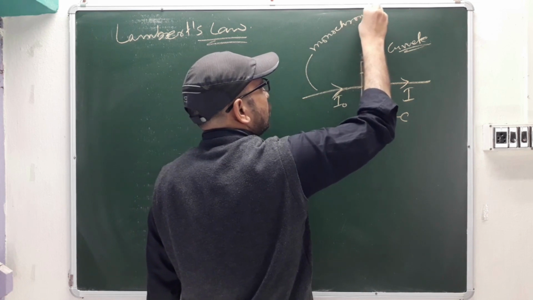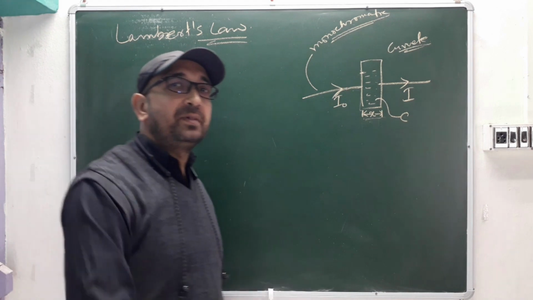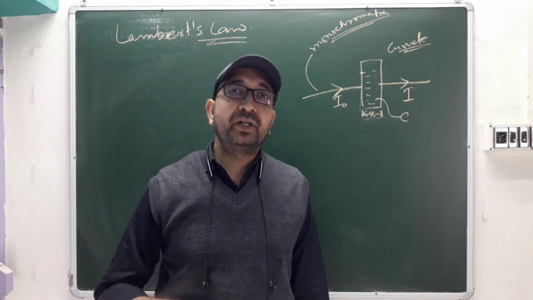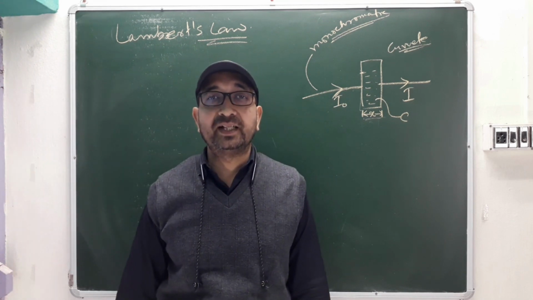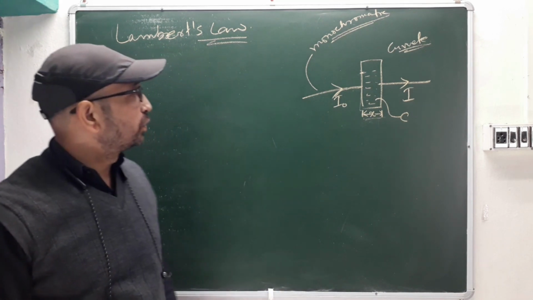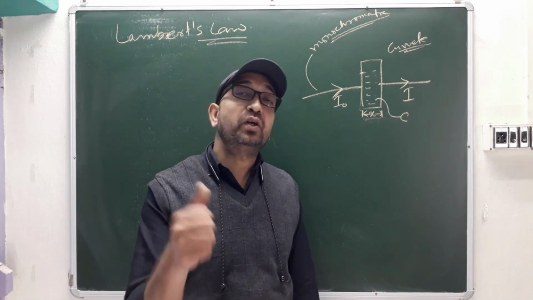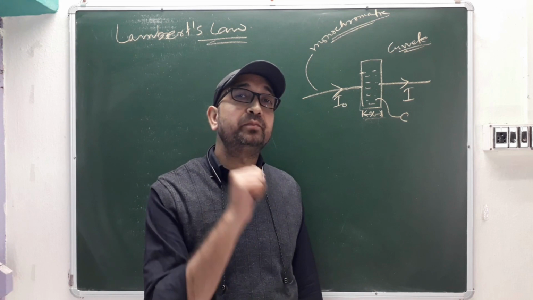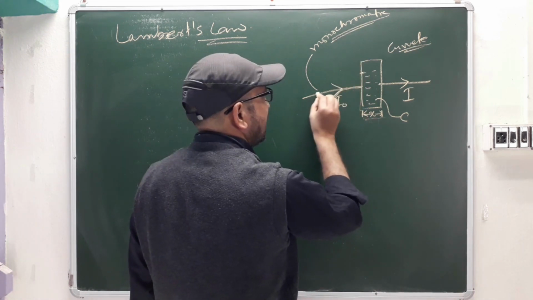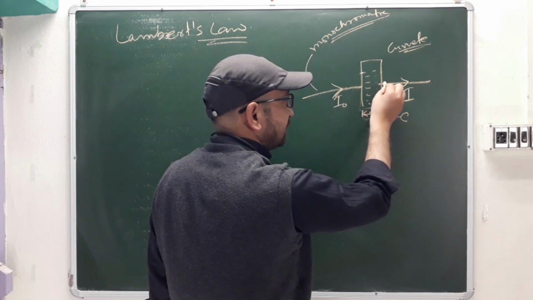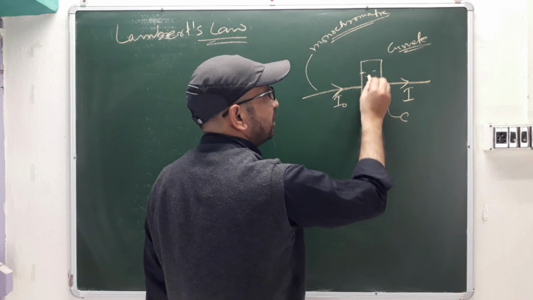Monochromatic radiation means we take one wavelength. In sunlight, we have different types of wavelengths. So we have to filter out all those wavelengths, and the wavelength we want, we take up as monochromatic radiation, and then we pass it through this sample.